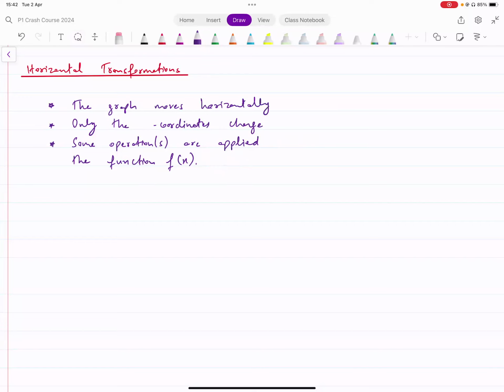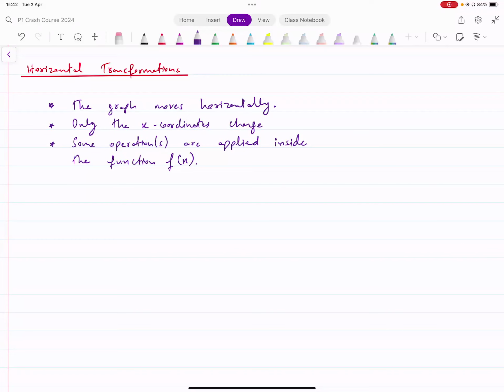So the movement of the graph is horizontal. Okay. Only the x coordinates change, and you have some operations applied inside the function f of x. That means something changes with x. You add something or subtract something to x, you multiply x by something, or you multiply x by a negative sign. All right, so this is what happens in horizontal transformations.